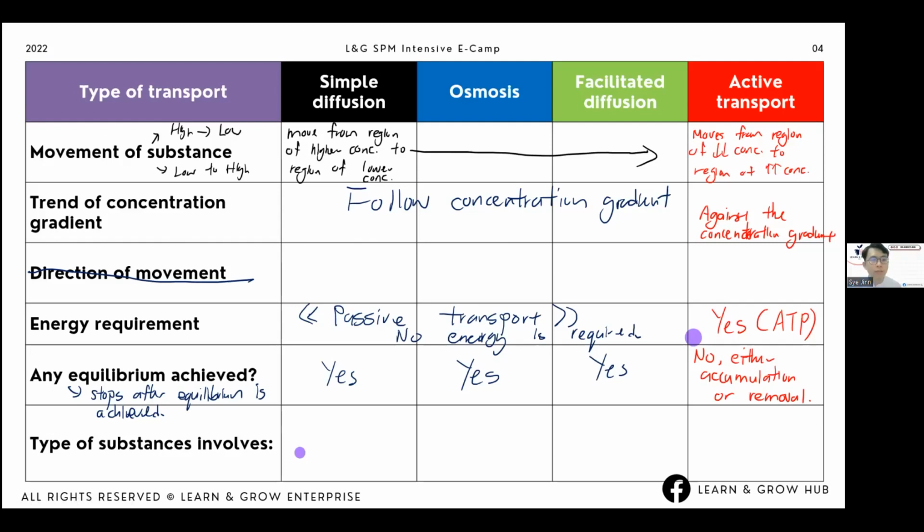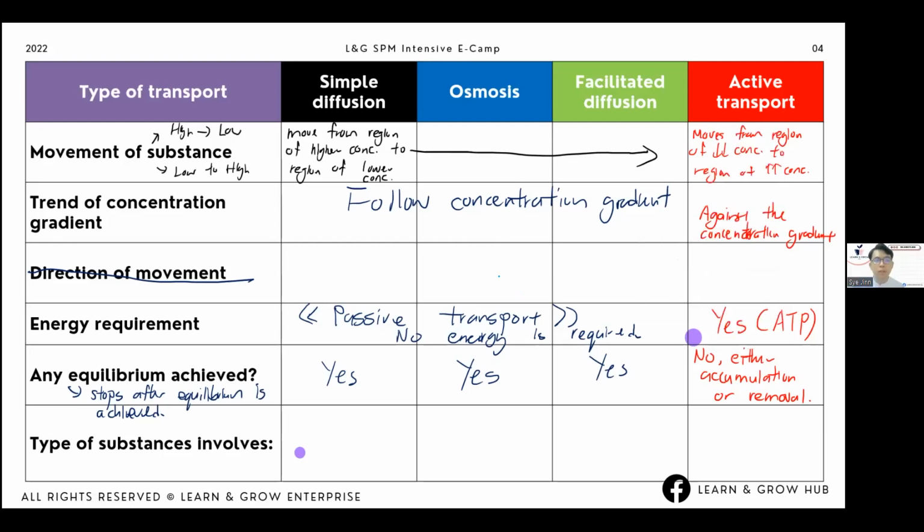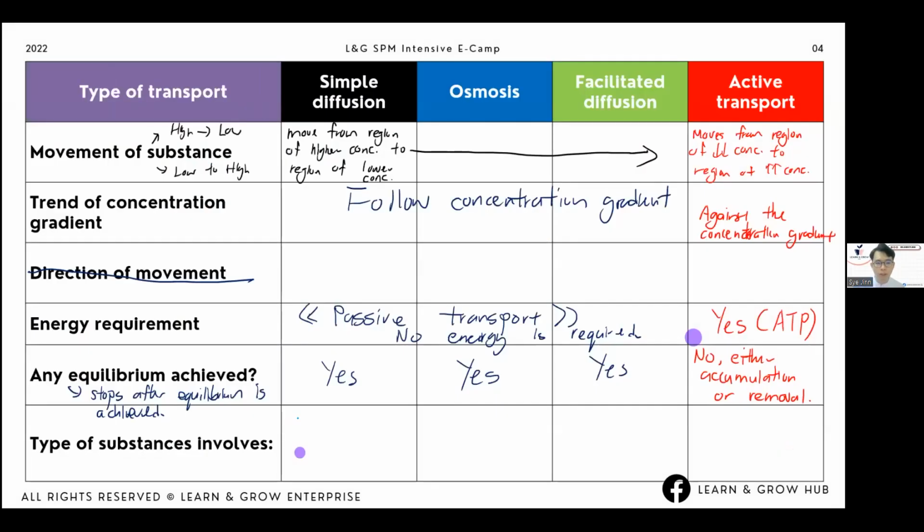And lastly, the most important aspect from these four transports. If we ask you the type of substance involved, then we need to refer back to the last table we learned. For example, simple diffusion can be used for all the gases and all the lipid soluble substances.